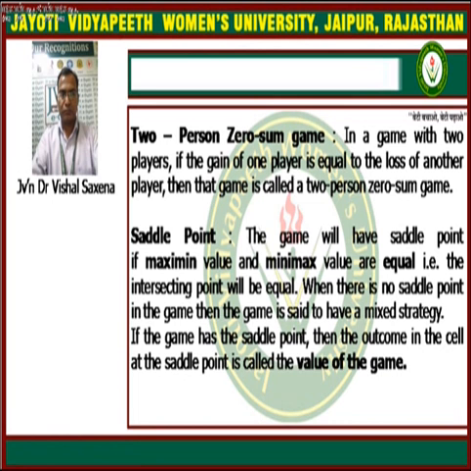When there is no saddle point in the game, then the game is said to have a mixed strategy, and if the game has a saddle point, then the outcome in the cell at the saddle point is called the value of the game.